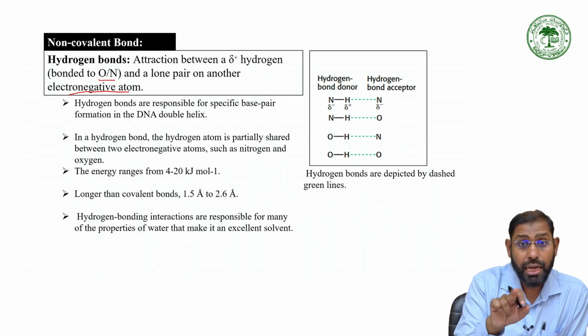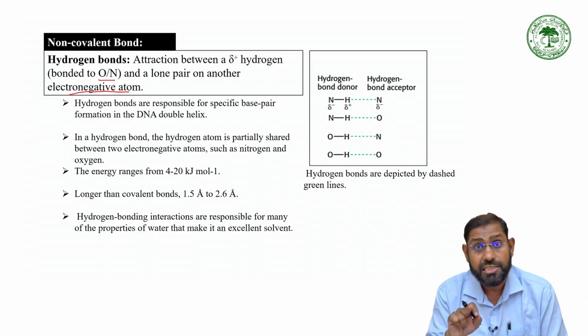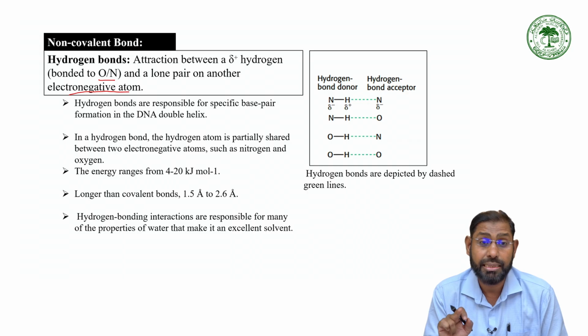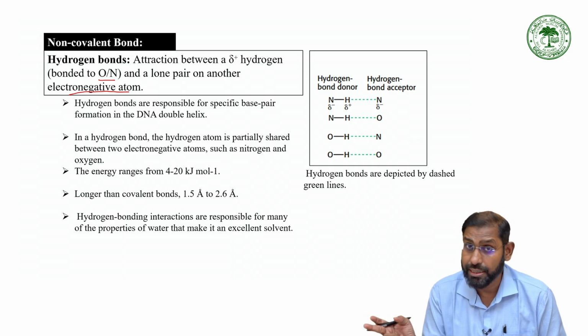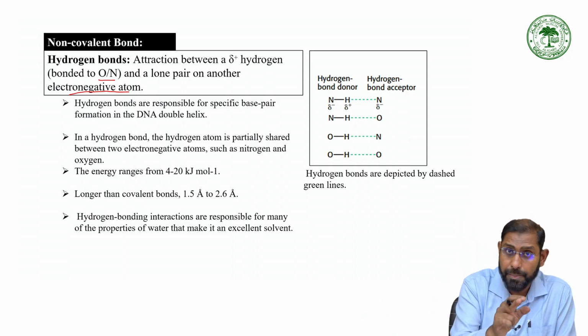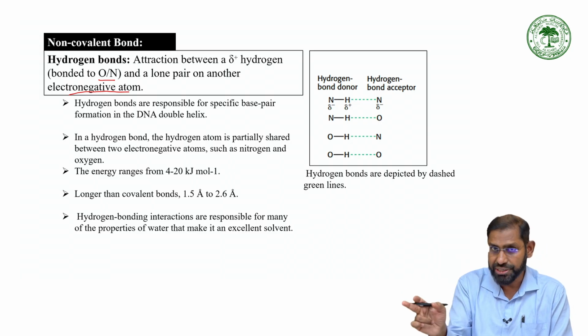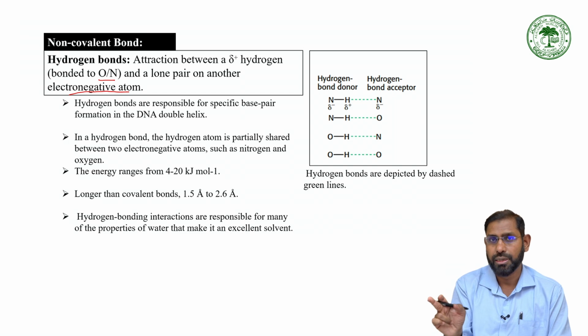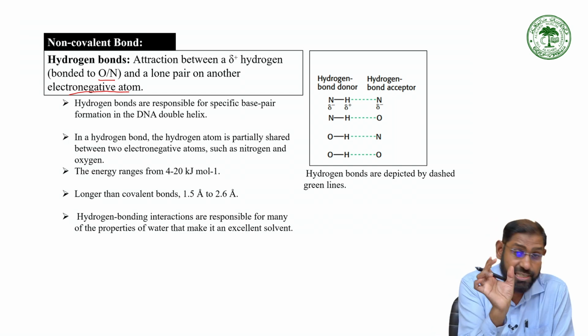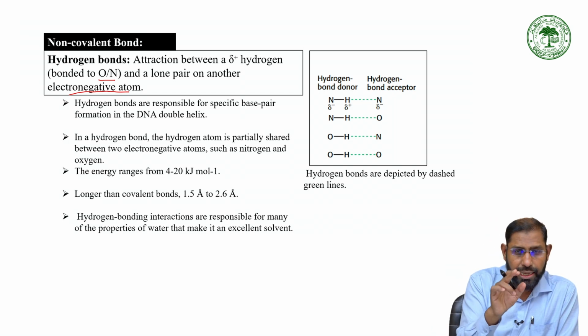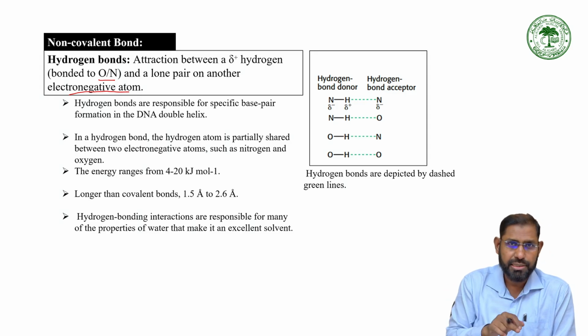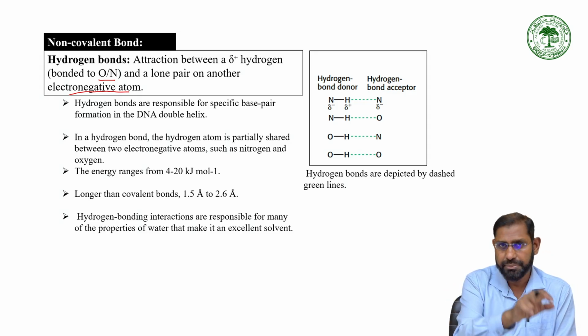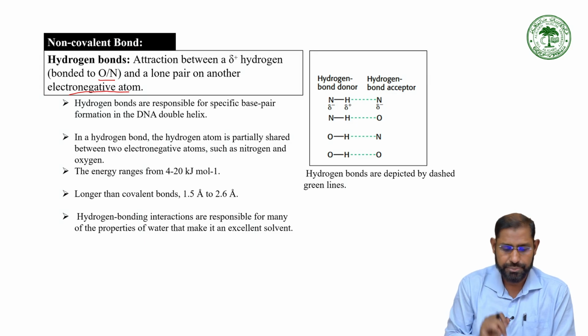Hydrogen bonds are responsible for specific base pair formation in the DNA double helix, which was already explained. A has a double bond with thymine T, and G, guanine, has a triple bond with cytosine. So these are the hydrogen base pairs, a specific bonding. A is always paired with T, not with G and C, and T always binds with A, not with G and C.